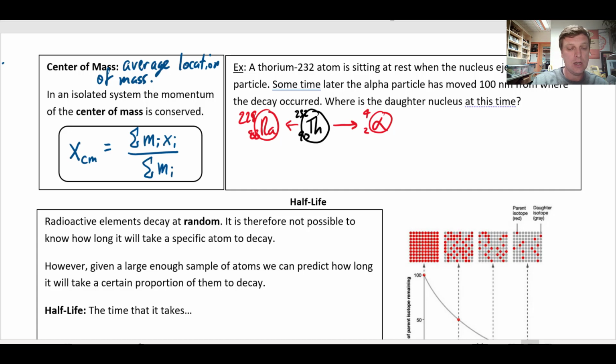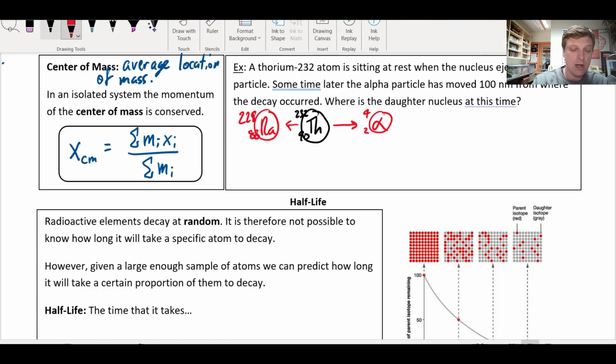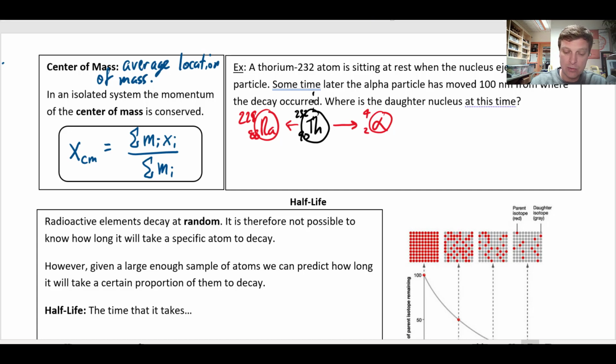So we can see that essentially our center of mass initially was just located right here at some 0 point, right? So our initial center of mass, let's say, is located at 0, and then at some point later, this is 100 nanometers away. So where is this other daughter nucleus?